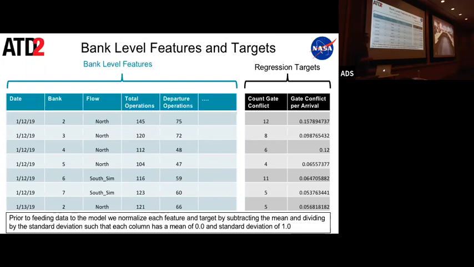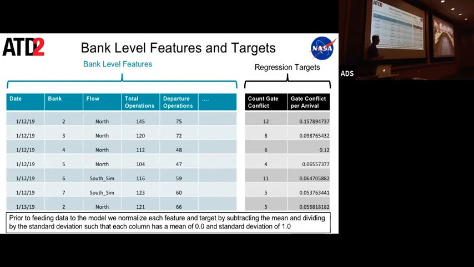We have all these other metrics as well, and this data will become the features in our machine learning model. On the right-hand side, we have the regression targets, which is the count of gate conflicts. We could also take that count of gate conflicts and divide it by the total number of arrivals in the bank to get a normalized view of the gate conflicts, so we also try to predict that target.